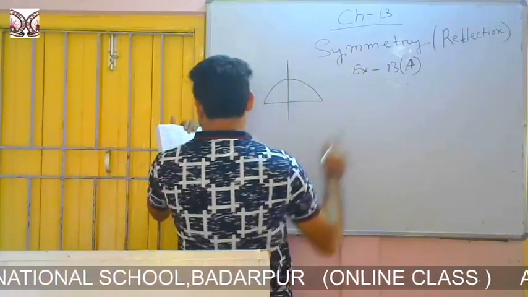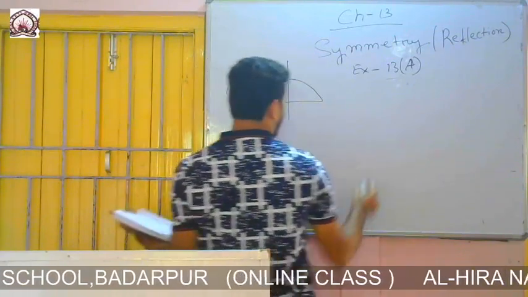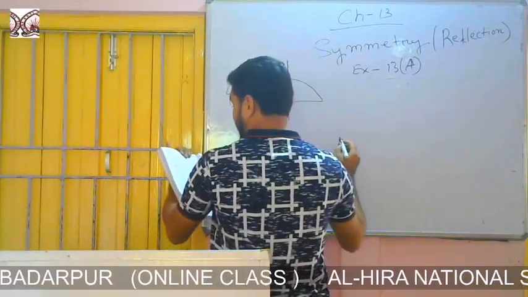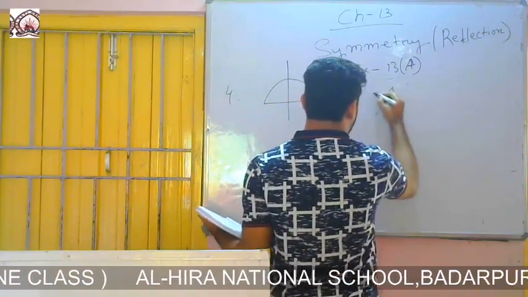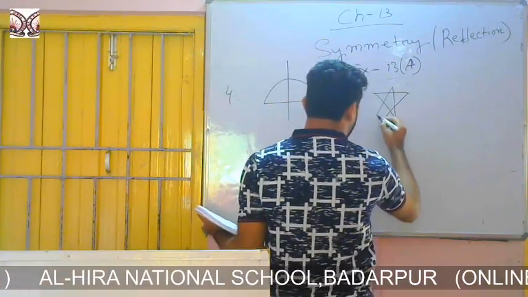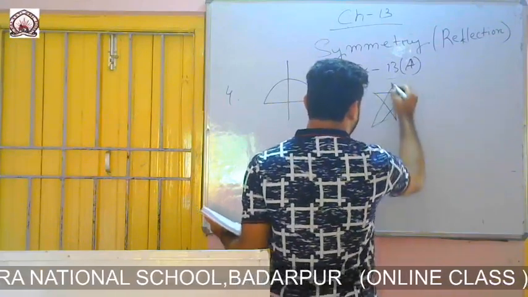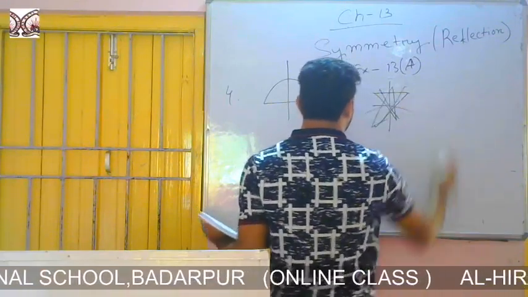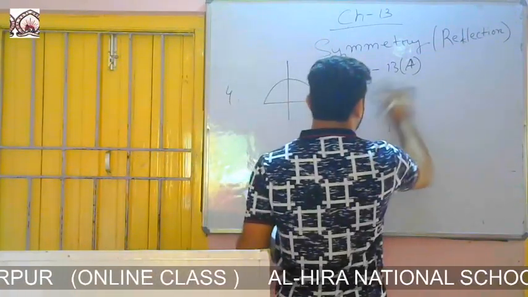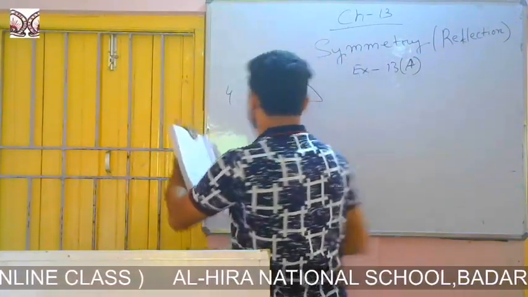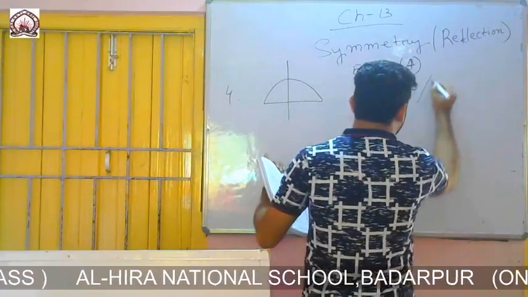For a star, earlier also I have shown, then we will get 5 like this. I am not so expert in drawing. Okay, so if you divide like this, you will get 5. I cannot draw, you just draw nicely at your home. Then you have to join like this, you will get one shape like this.